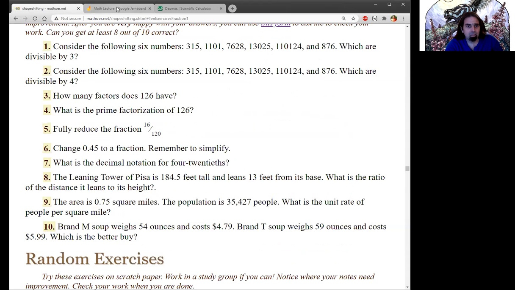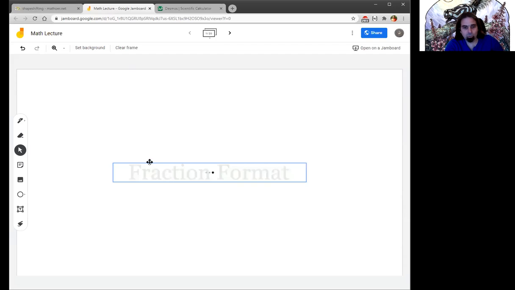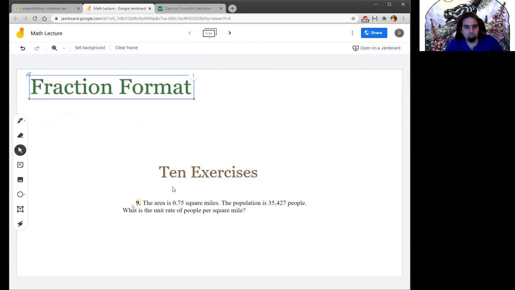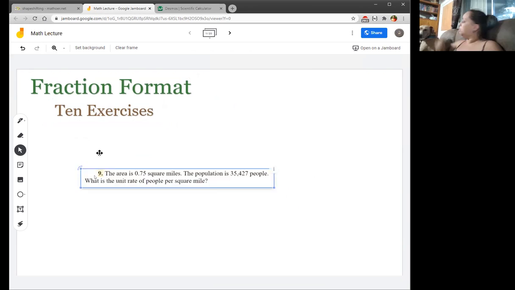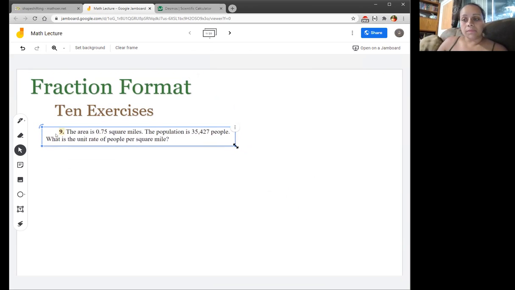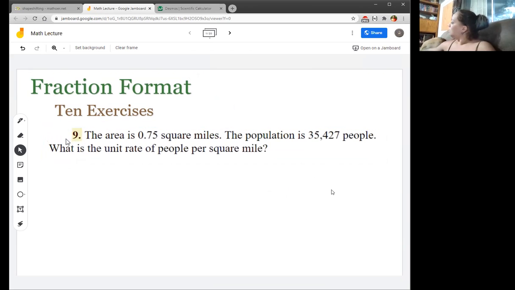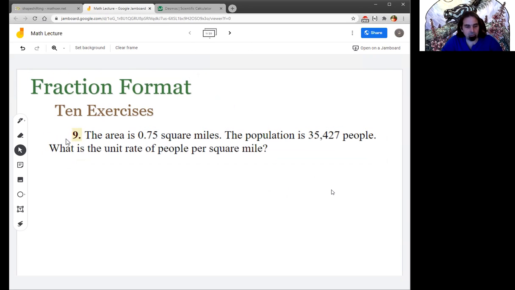It's not all squished up. Okay, you could do fraction format. 10 exercises, number 9. So first tell me, what was a unit rate?